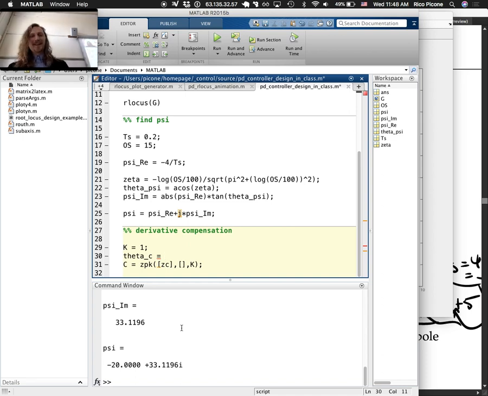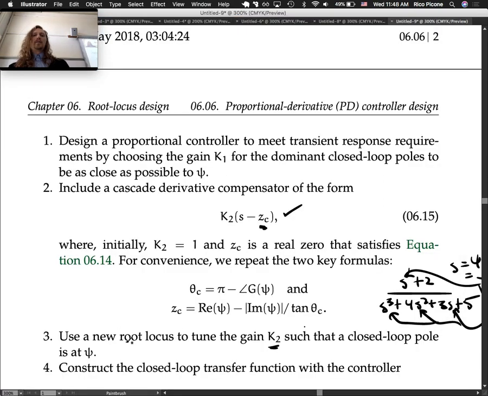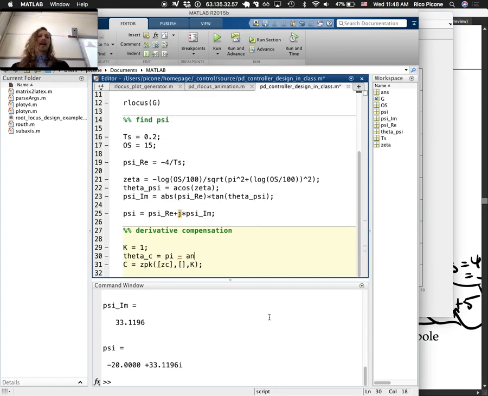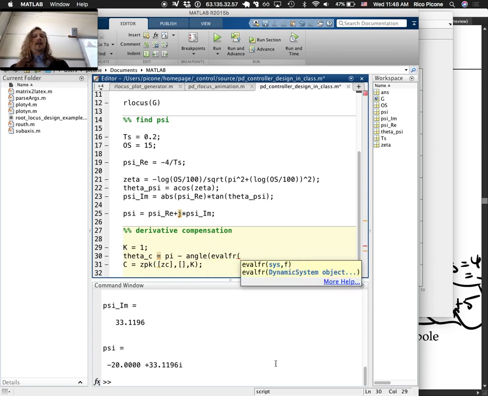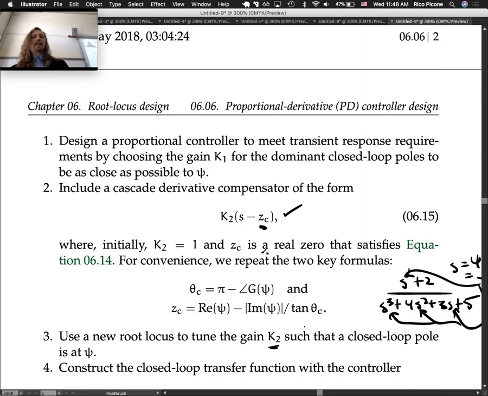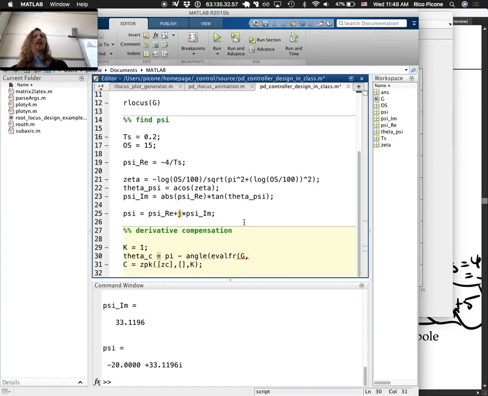So theta C is equal to pi minus this angle, right? Angle is an actual function in MATLAB, and we can do evalfr of the system, which is our G, and then the frequency.